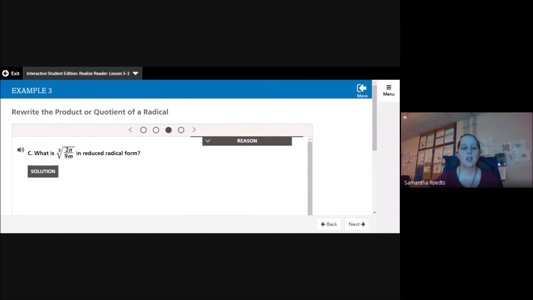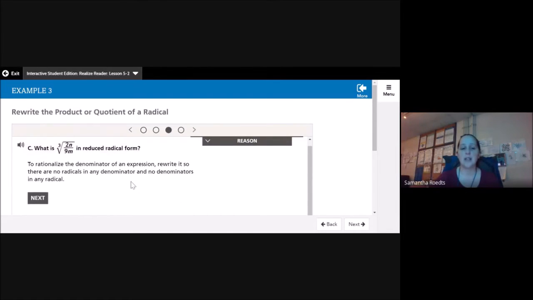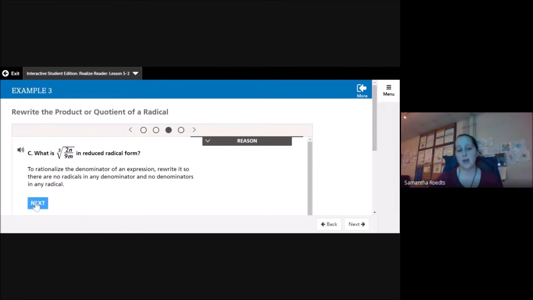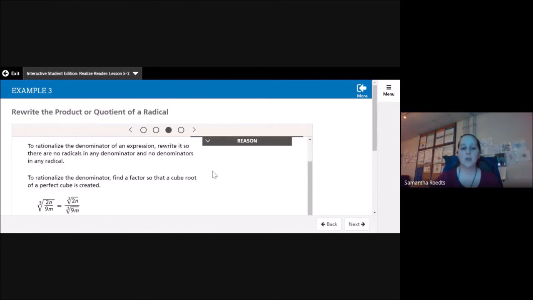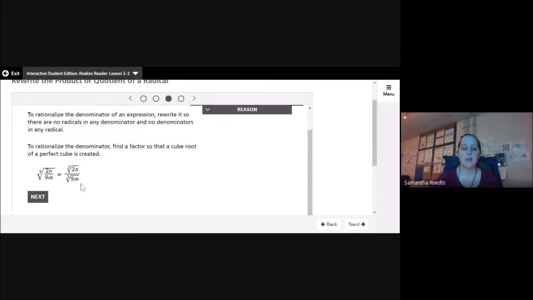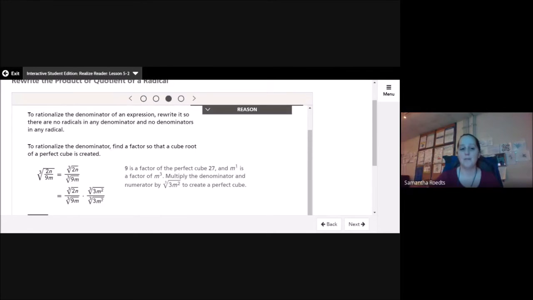All right, what is the cube root of 2n over 9m in reduced radical form? To rationalize the denominator of an expression, rewrite it so there are no radicals in any denominator and no denominators in any radical. To rationalize the denominator, find a factor so that the cube root of a perfect cube is created. So the cube root of 2n over 9m becomes the cube root of 2n over the cube root of 9m.